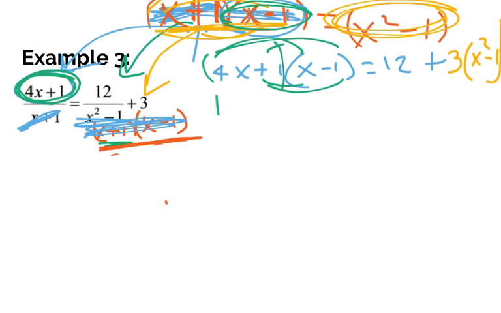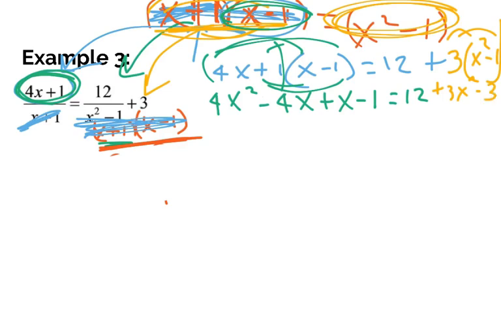So that's going to give me 4x squared minus 4x plus x minus 1 when I FOIL all that out, equals 12 plus, and then I'm going to distribute this 3x squared minus 3.